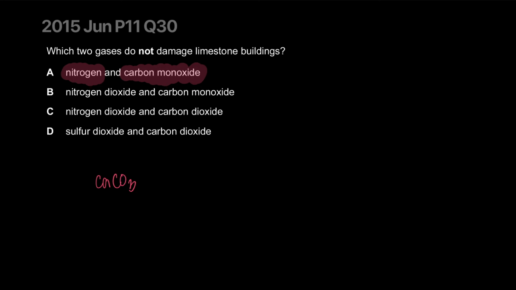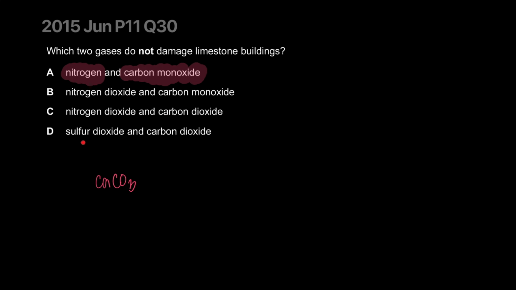Okay, moving on. Let's just go through this real quick. Nitrogen dioxide turns into nitrogen trioxide eventually and mixes with water when it rains to form nitric acid, HNO3, which will destroy limestone buildings. Carbon monoxide, of course, we talked about. Nitrogen dioxide again, and carbon dioxide, these two both will do it.